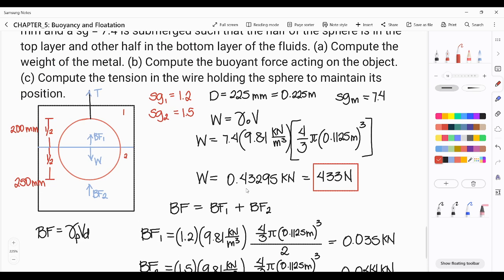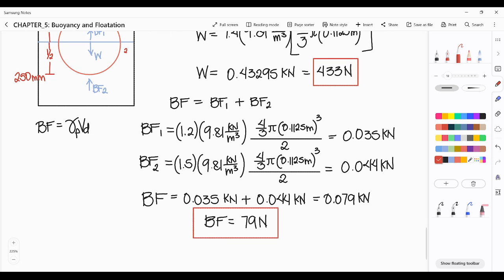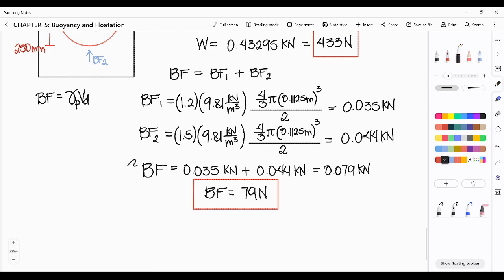And finally, we are asked to compute the tension in the wire holding the sphere para ma-maintain yung position niya. So from here, summation of forces lang tayo, T pataas as well as the buoyant force, pwede nating pag-isahin, and the weight. So ang lalabas diyang equation, taking the summation of forces vertical, we have here lahat ng pataas.